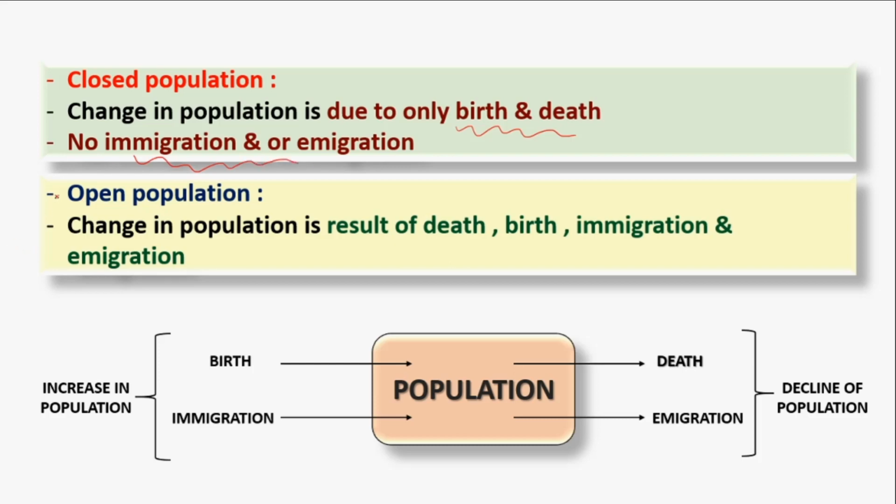But in an open population, the change is the result of death, birth, immigration and emigration. As you can see in this diagram as well, birth and immigration give an additive result in the population, while death and emigration show a decline in the individuals of the population.